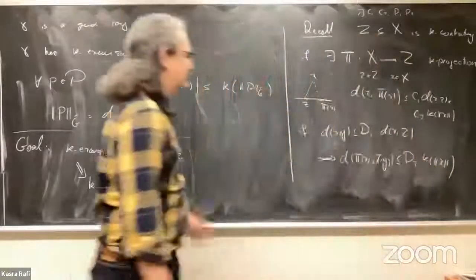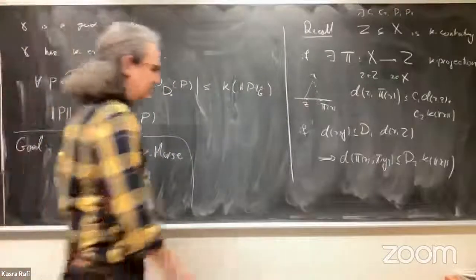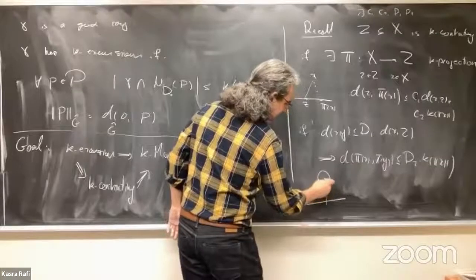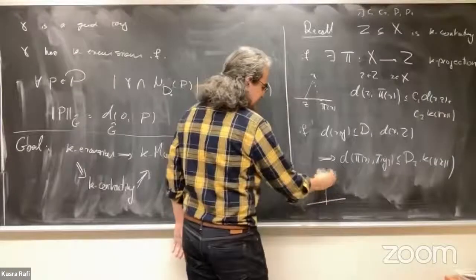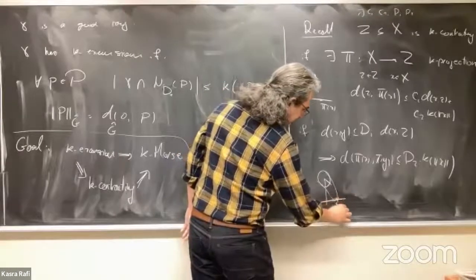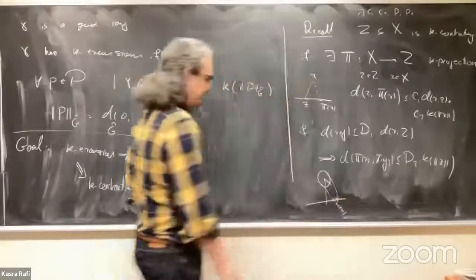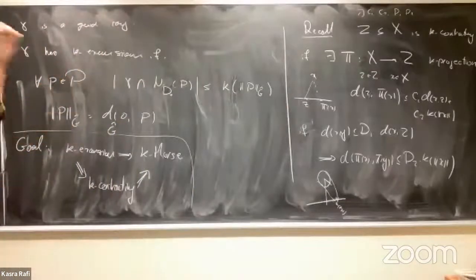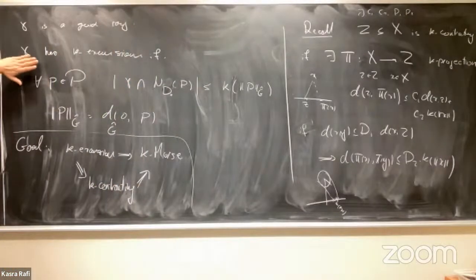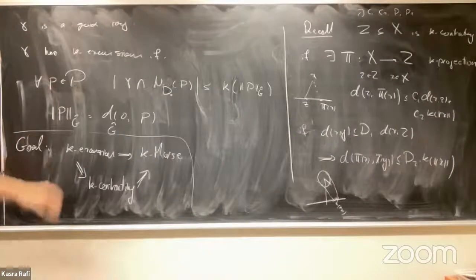So contracting means the balls that are disjoint, but way disjoint, so I want this to be much, much smaller than that. Then the projection of the whole ball has diameter bounded by kappa of x. So here Z is going to be this set gamma, and the question is, what is the projection map?